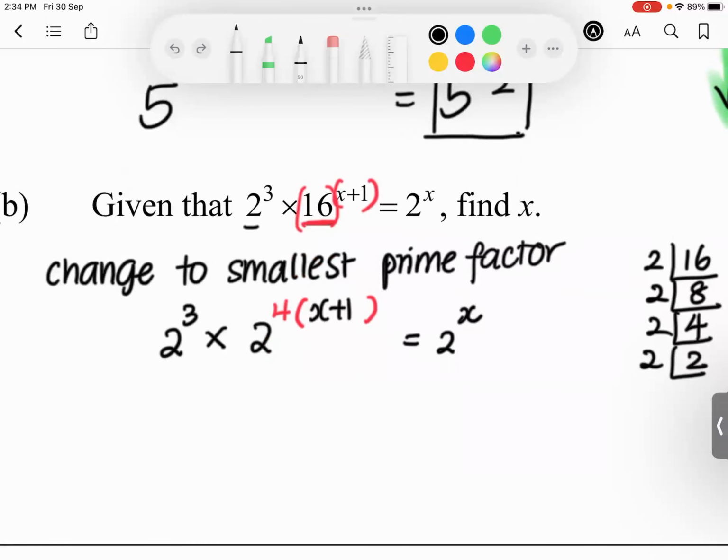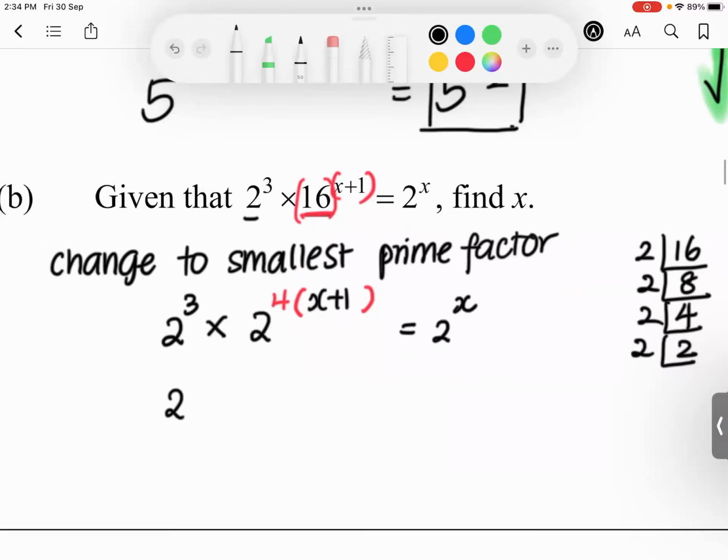So next, when I have this multiplication, the powers add up with each other. So this is 3 plus 4 bracket x plus 1 equals 2 to the power of x. Since the bases are the same, I will have the powers the same.